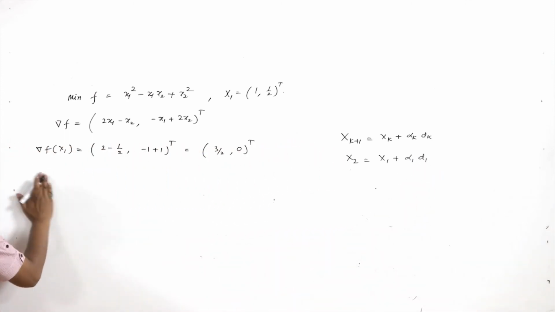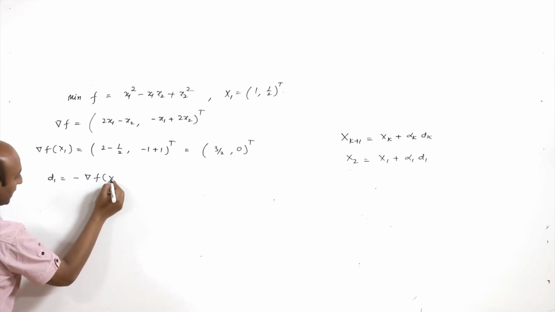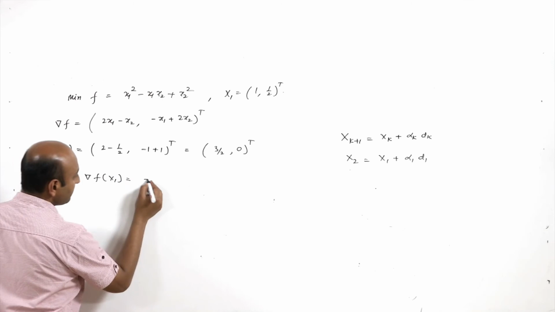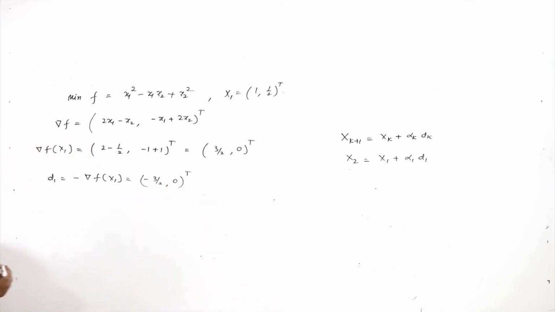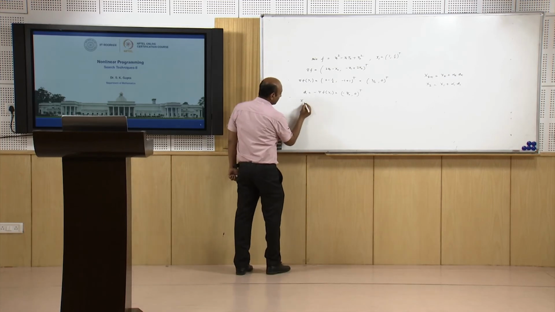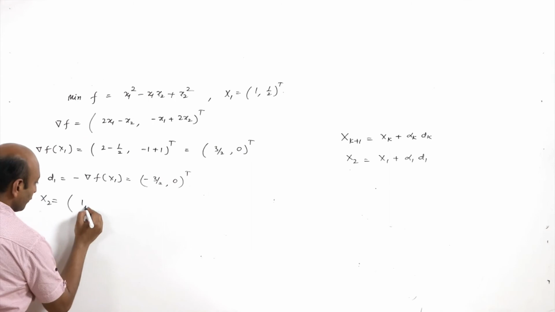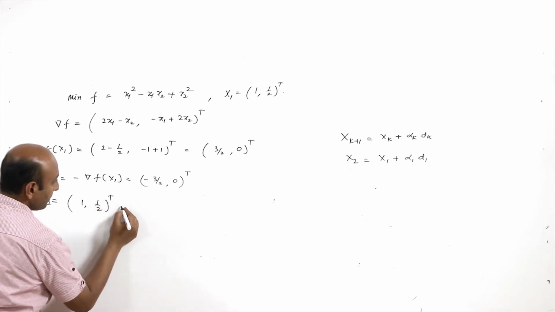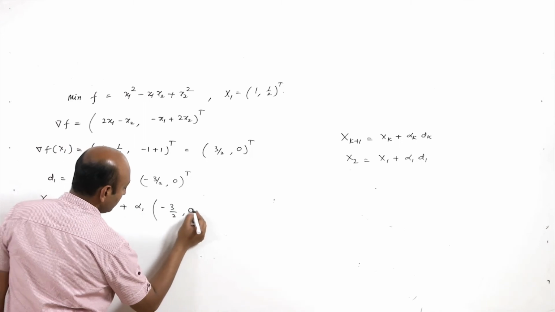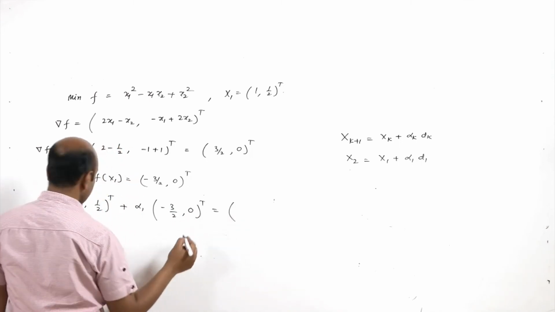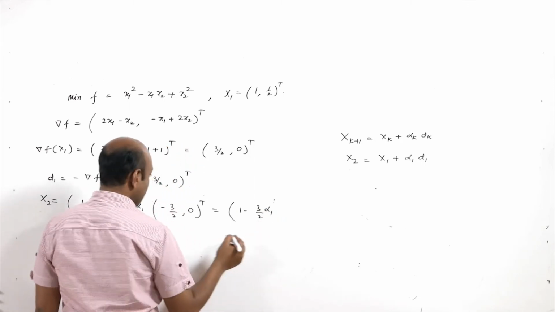So what will be d1? d1 is simply the negative of the gradient of f at x1, the direction being minus 3 by 2 comma 0. So what x2 do we obtain from here? x2 is x1, which is 1 comma half, plus alpha 1 times d1, which is minus 3 by 2 comma 0, which equals 1 minus 3 by 2 alpha 1 comma 1 by 2.